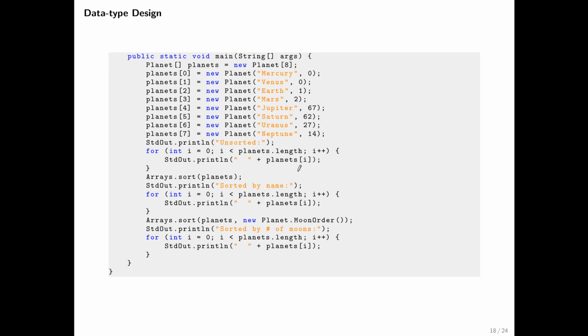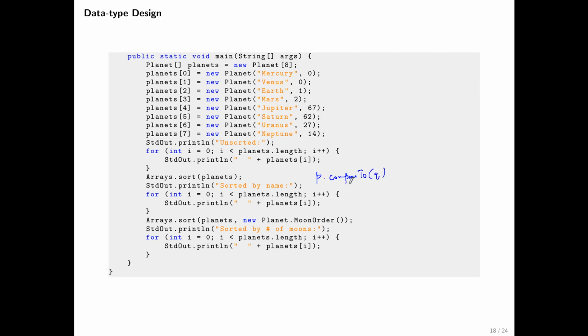So what sort will do then, in order to put those objects in order, is make a call to compareTo. As it's doing its sort, whenever it needs to compare two planet objects, let's say P and Q, it will simply say P.compareTo(Q).